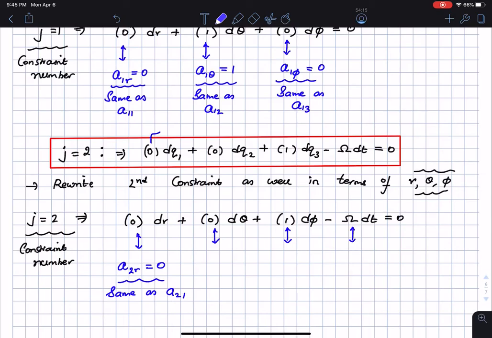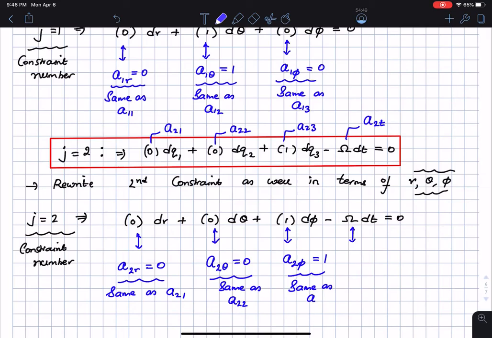This is a22, a23, and this is actually a2t. This is a2 theta, which is 0, the same as a22. Then this is a2 phi, which is 1, the same as a23, and then this is a2t, which is omega.